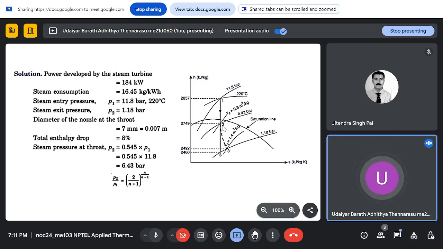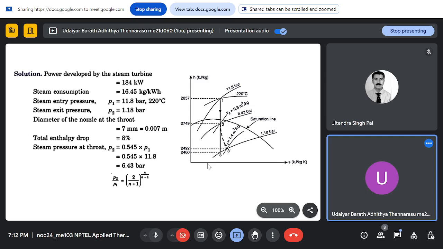Ideally it should reach state 3, assuming entropy is constant, with an exit pressure of 1.18 bar. But they say there is an 8% drop in enthalpy, so it reaches state 3 dash. This is exactly the process occurring across the nozzle.